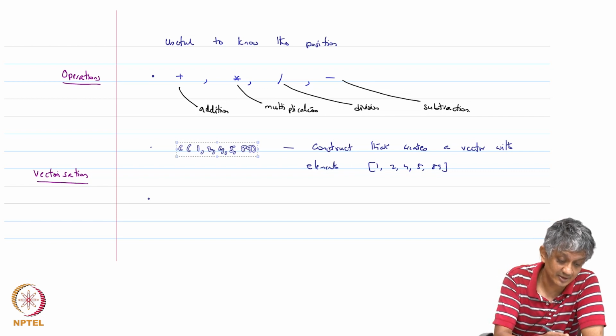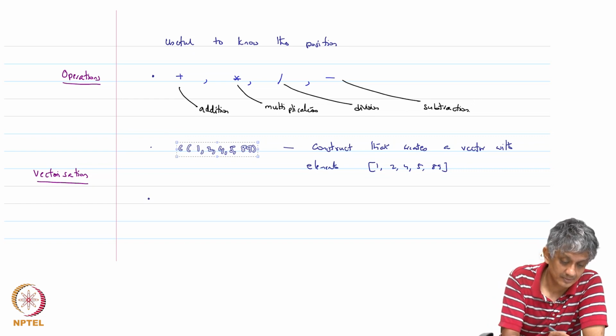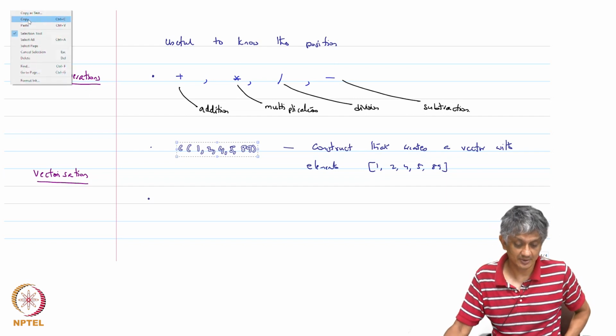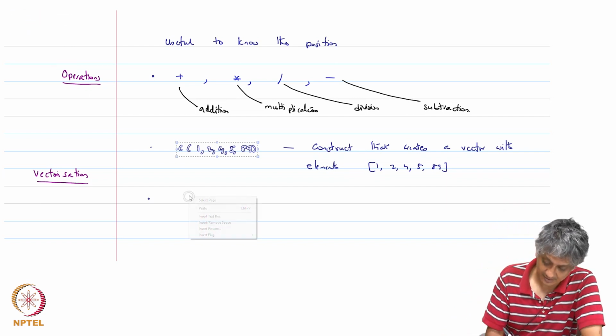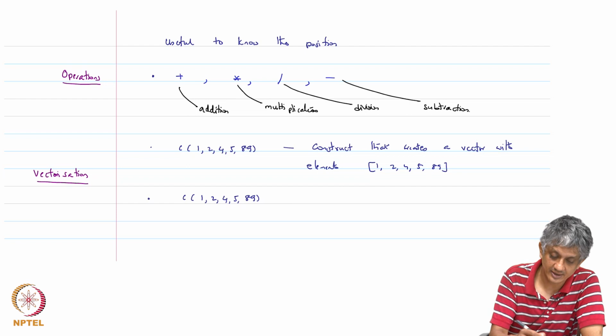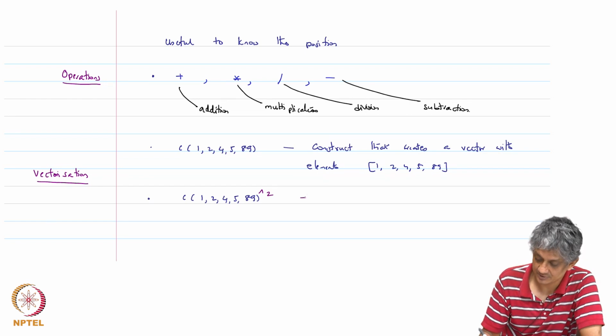So let's copy. Let's see, the mouse works. Okay, very nice. Let me come here and paste it right here. Very good. If I go and do square, it squares every element.